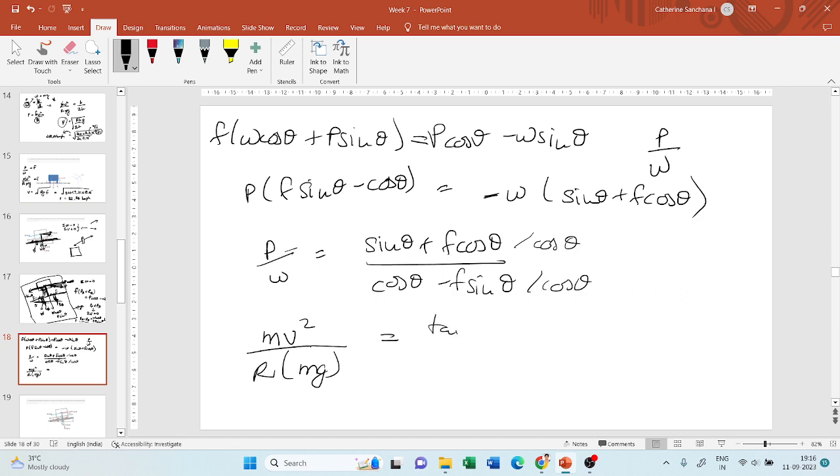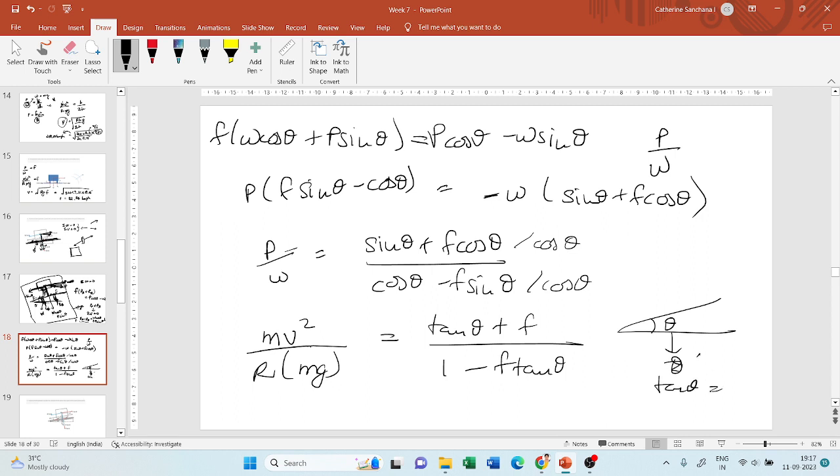So this will give me tan theta plus F by 1 minus F tan theta. Okay, so this tan theta is nothing but, so this is theta. If this theta is very small, you can take tan theta is equal to theta, and this is denoted by E, which you will call super elevation.